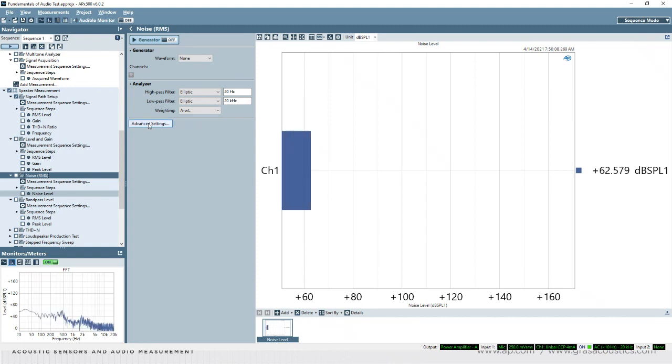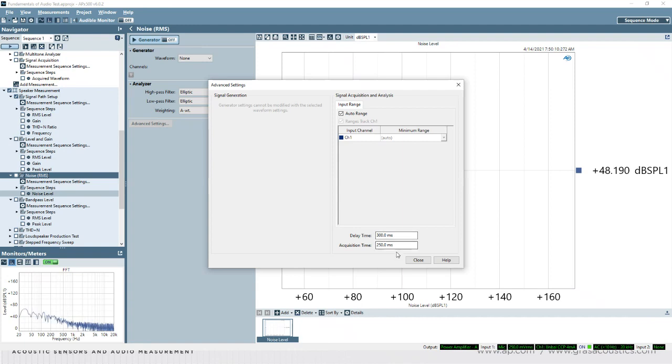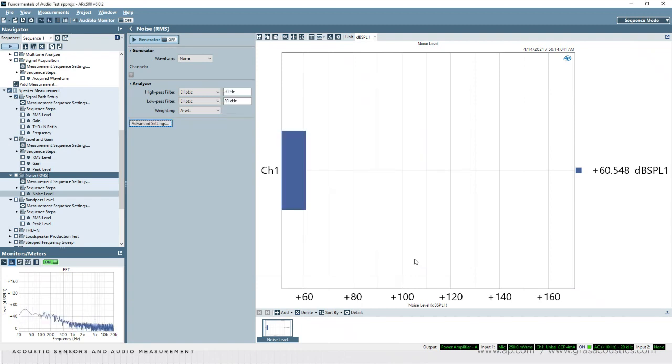So this is a case where I might go into advanced settings, acquisition time, and set my acquisition time at, say, 5 seconds. And that will stabilize the measurement or make it more repeatable by integrating it over a longer period of time.